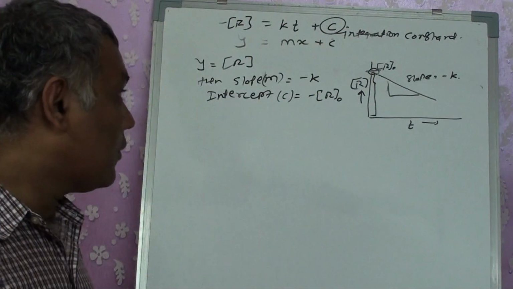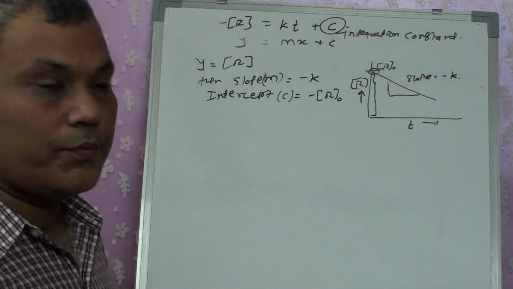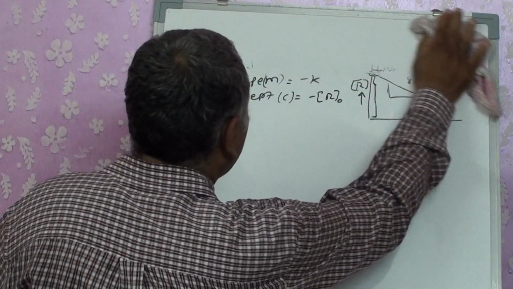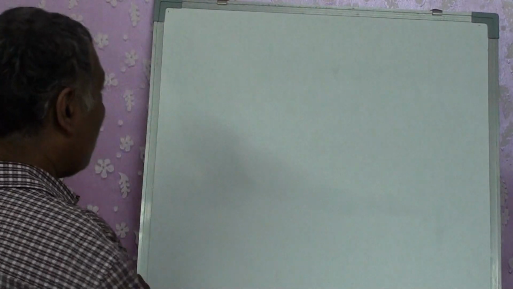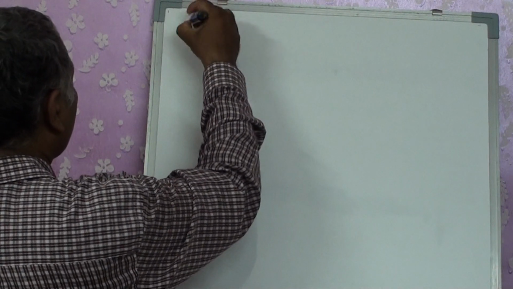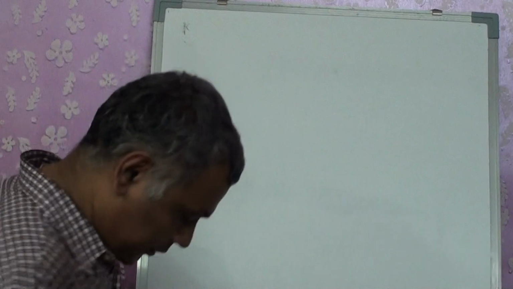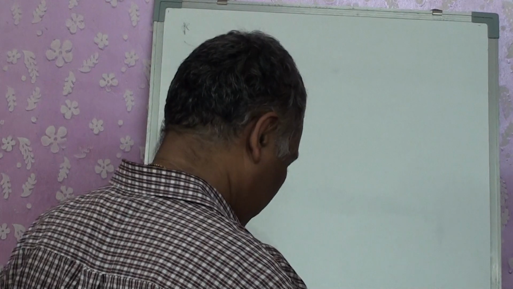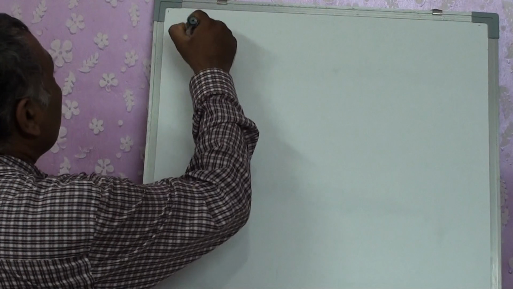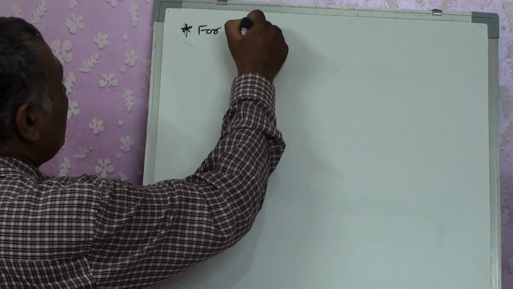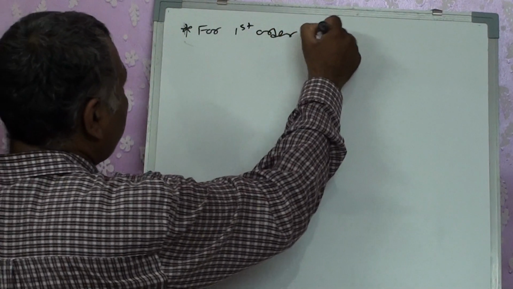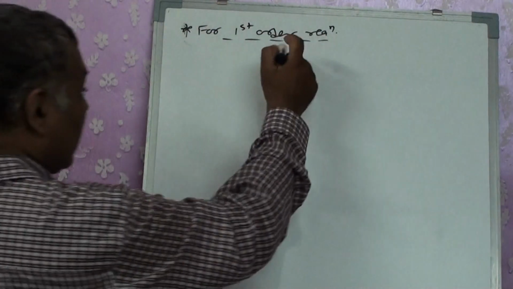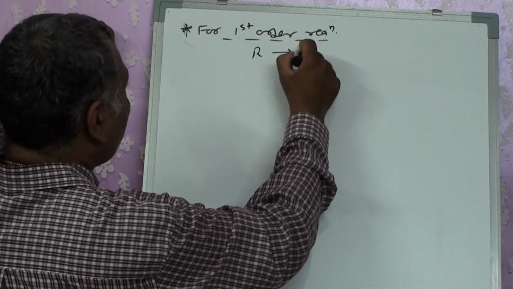Let's do the same thing for the first order reaction also. Now what are the changes that we are going to get? For the first order reaction, again I am taking it as reactant to product.